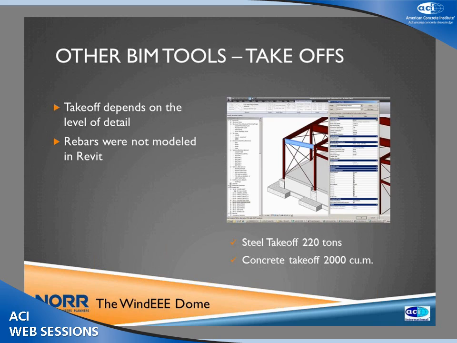And I would like to note here that the accuracy of the BIM takeoff depends on how much the model is detailed. For instance, if you detail the miscellaneous steel, you can calculate the takeoff for miscellaneous steel. If you would like to have the takeoff for the rebars in the concrete, you need to model the rebars. In the WindEEE project, the rebars were not modeled due to time constraint, but they were drawn conventionally on sections generated by REVIT.